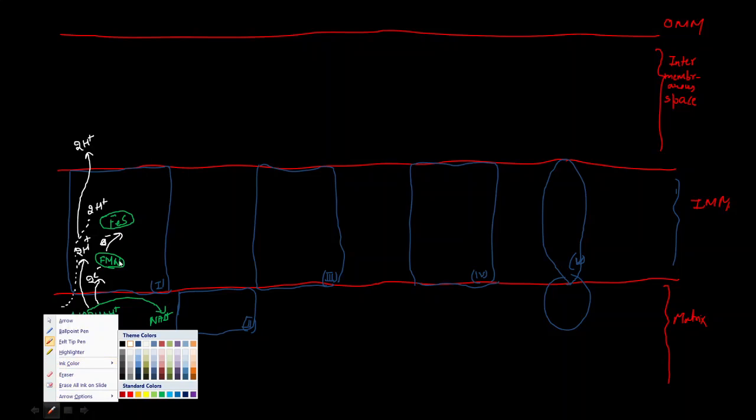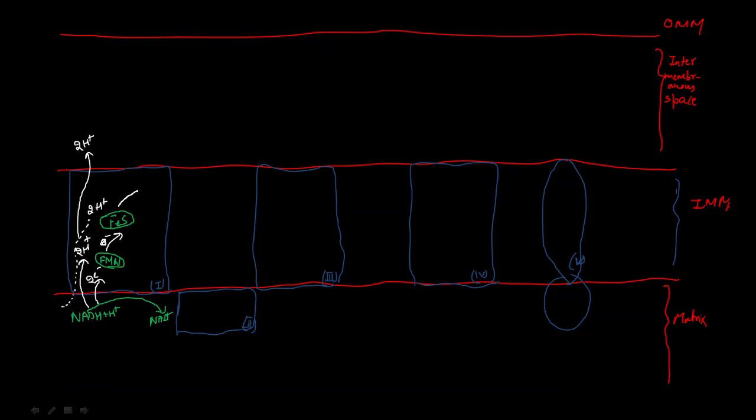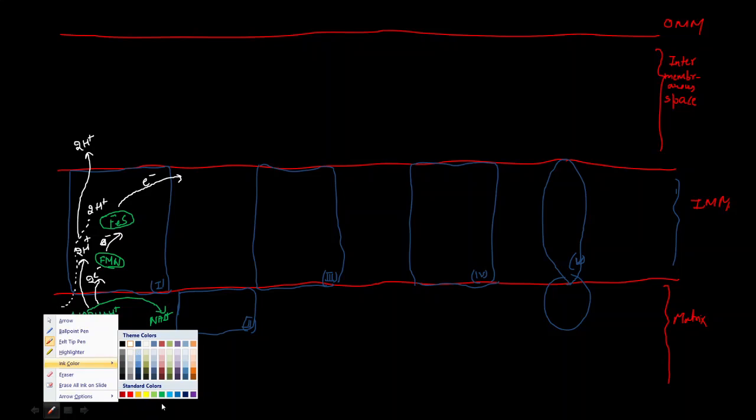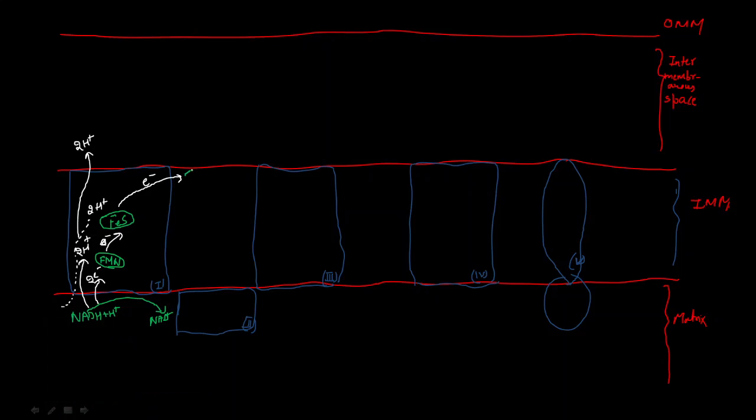Now eventually this iron sulfur is going to release this electron, and ultimately this electron will be passed on to the mobile carrier, that is ubiquinone.